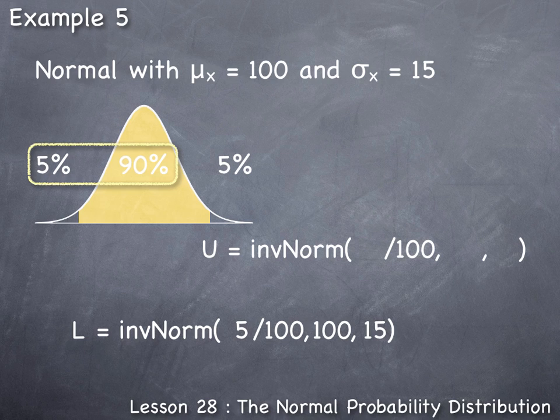So U falls at the 5 plus 90, or 95th percentile. Thus, we have to enter 95 divided by 100. The second two numbers that we enter into the inverse norm command are the mean, which was 100, and the standard deviation, which is 15. So now we can go to the TI-84 calculator and figure out the results.